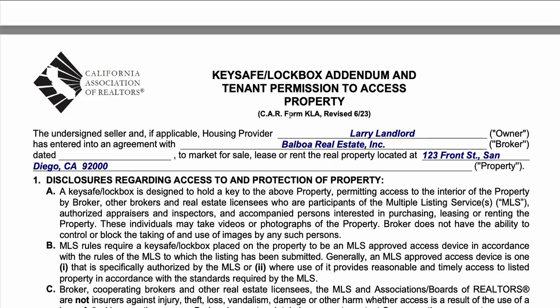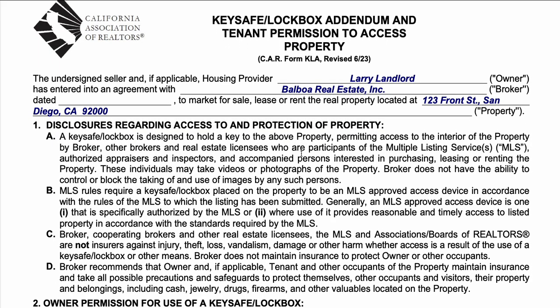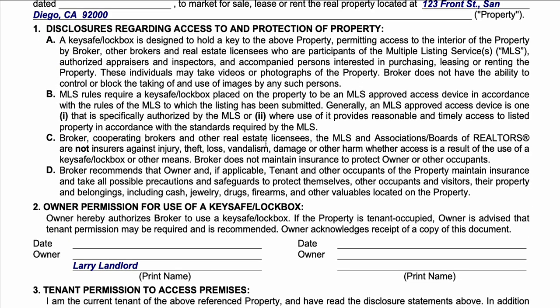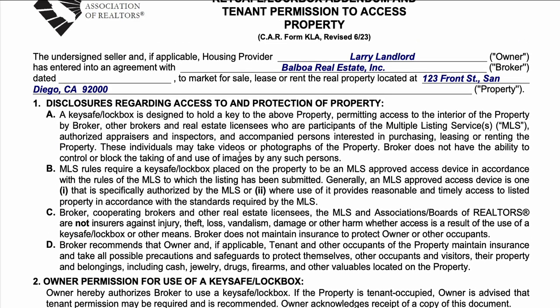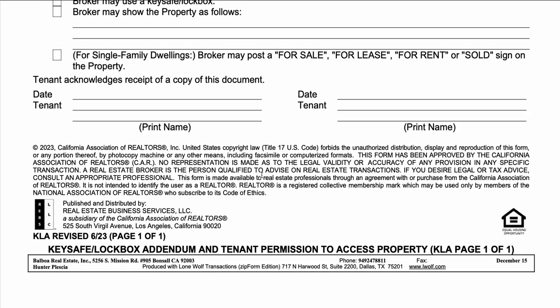Okay, now it adds on. Remember how we checked that box before for that key safe, that lockbox? Well, it adds this on. Oh my gosh. Is this really necessary? Well, it automatically populates this form, so we're going to fill it out. I mean, it's simple enough. And then the owner is going to sign off on it.